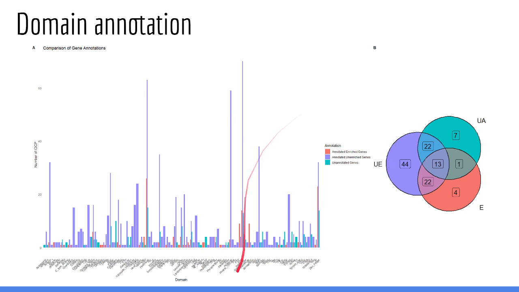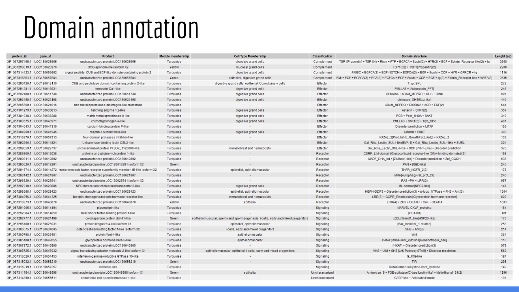Taking the domain annotation from the related models, we were able to find these 41 more interesting proteins that we classified in four categories: complement system, effector molecules, receptors, and signaling molecules. Also, we got these two here that were uncharacterized because the domain structure is a little bit ambiguous.